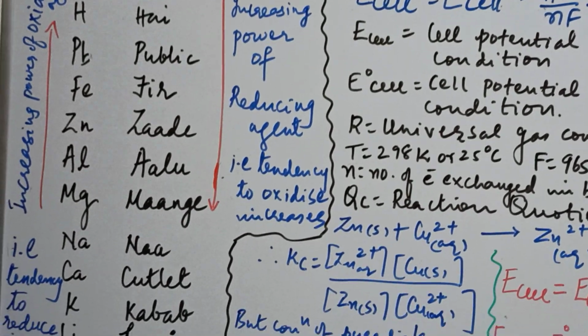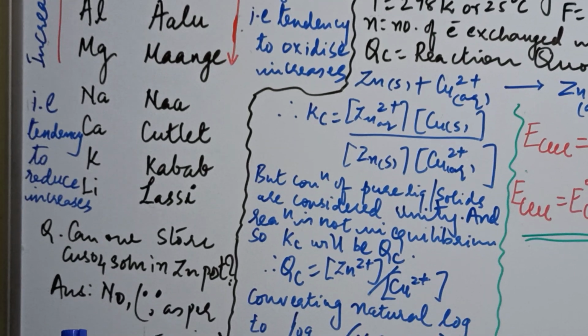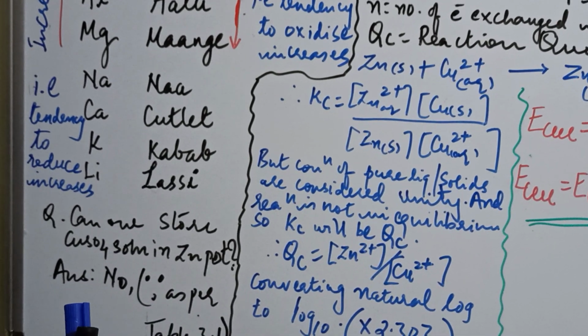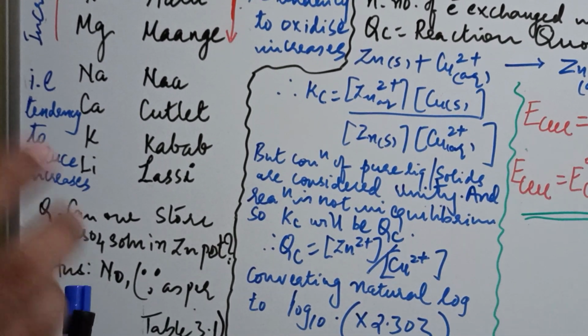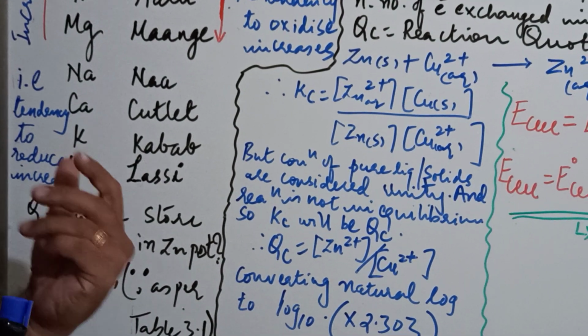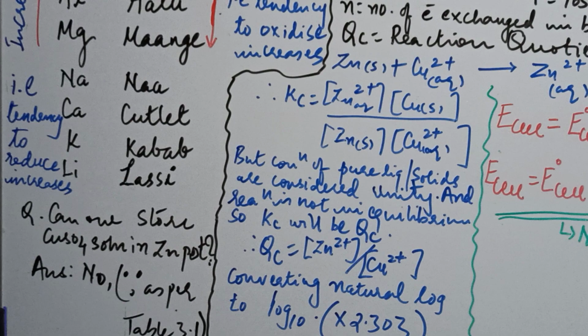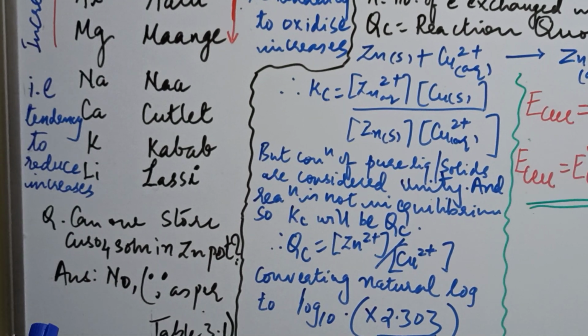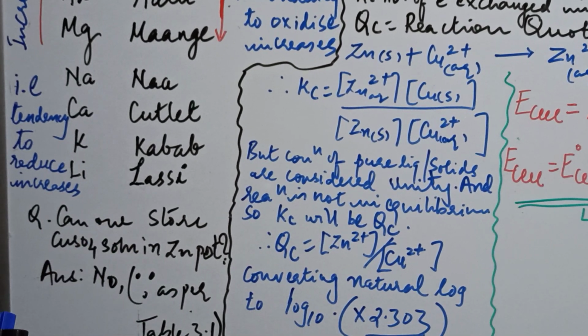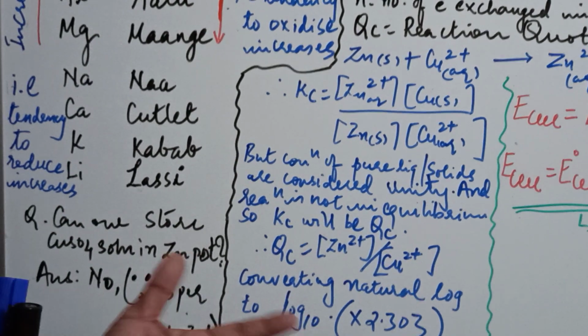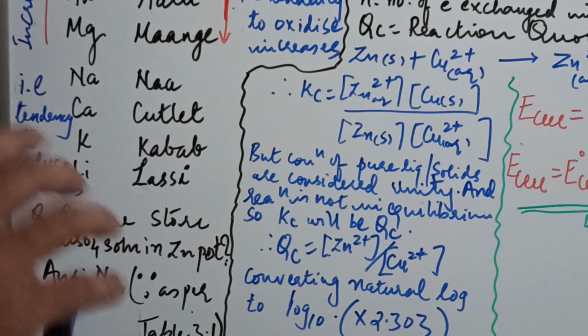So naturally you cannot store copper sulfate aqueous solution in a zinc pot, because in that case zinc will form the anode and copper sulfate will form the cathode. Zinc will get oxidized and the copper ions of the copper sulfate solution will get reduced.